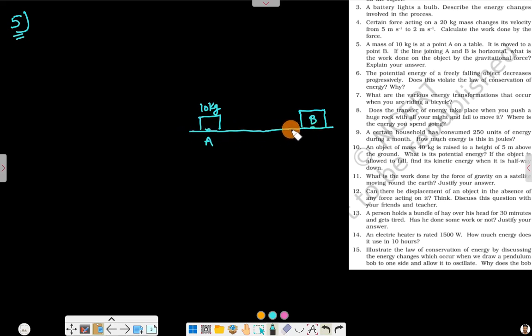Okay, so for horizontal, we are talking about change in kinetic energy. What is the work done on the object by the gravitational force? Explain your answer. Now we have to find the work done by the gravitational force.